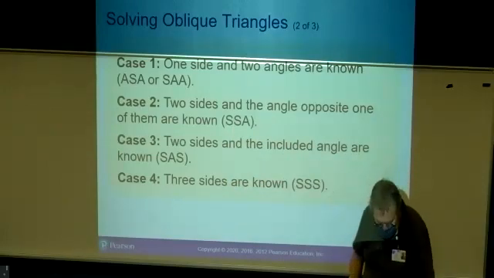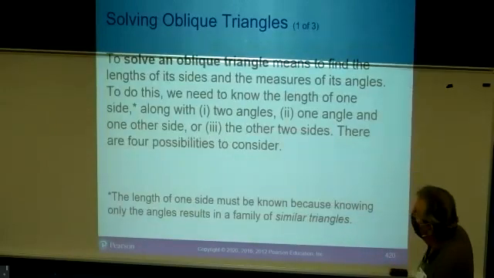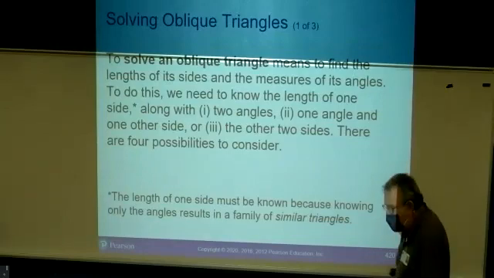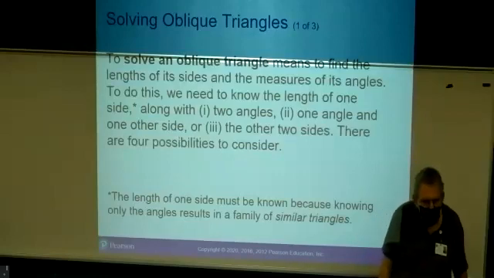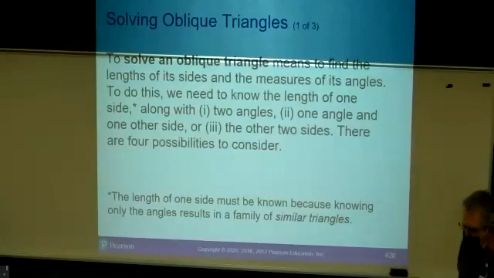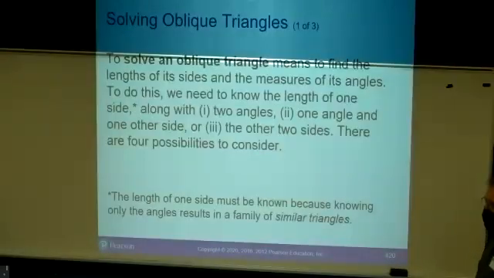I want to back up a second to solve an oblique triangle. An oblique triangle just means there's not a right angle in the triangle. Otherwise, you can use right triangle trigonometry.